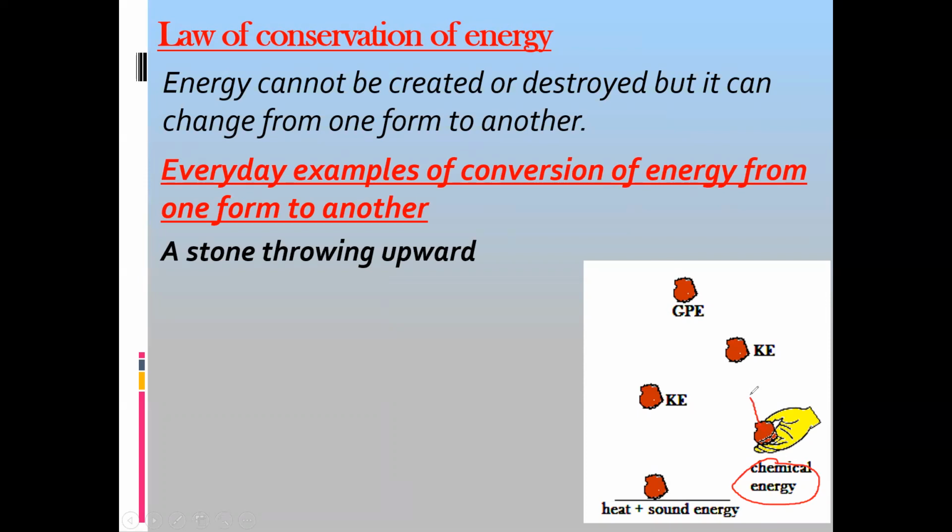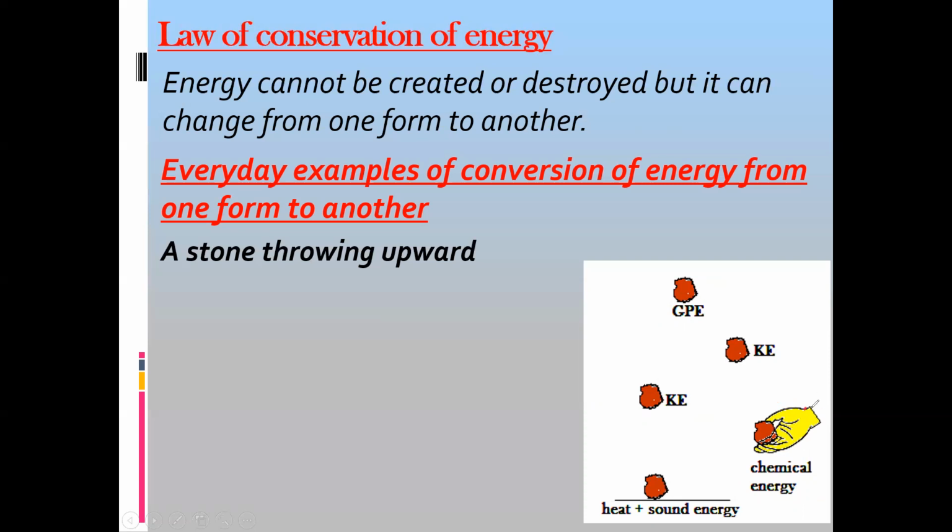As I throw this stone upward, the stone starts to move, so it has kinetic energy. At a certain height it will have potential energy, and at the maximum height it will have potential energy. When it is coming down, it will have kinetic and some potential as well. But when it hits the ground, it will produce heat and sound. So basically the energy transformed from one form to another.